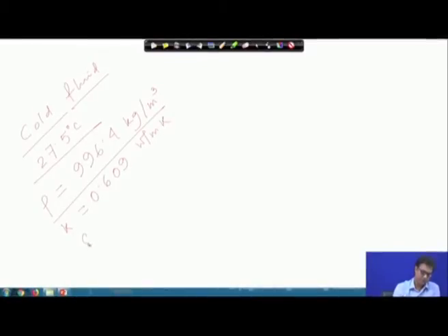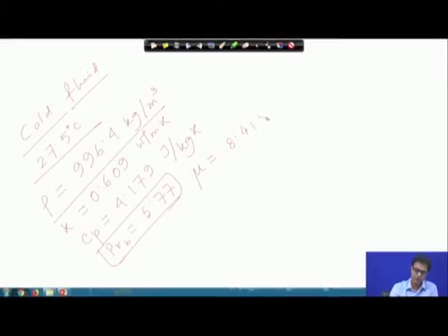Then we have Cp equals 4.179 joule per kg Kelvin. Then we have Pr equals 5.77. So, as the temperature has reduced, now we have the higher value of the Prandtl number, and we have mu equals 8.41 into 10 to the power minus 6 Pascal second.